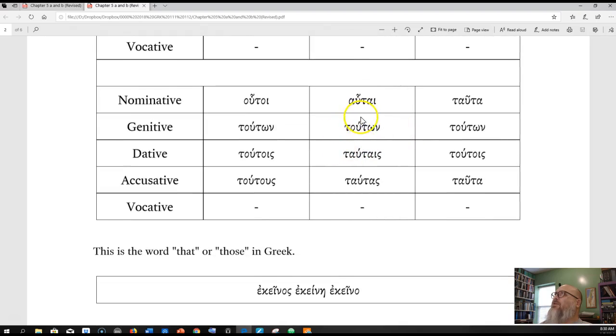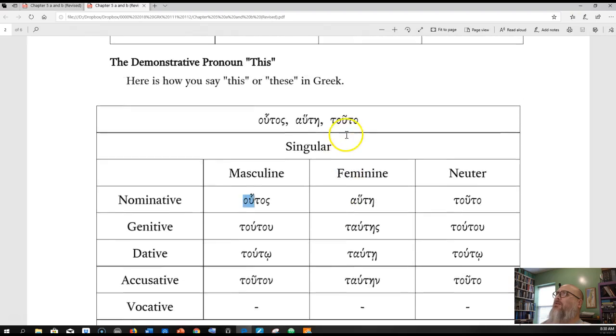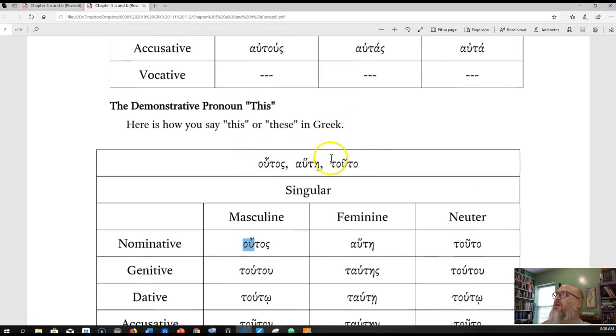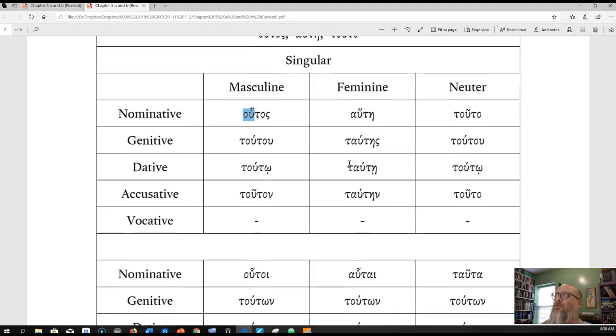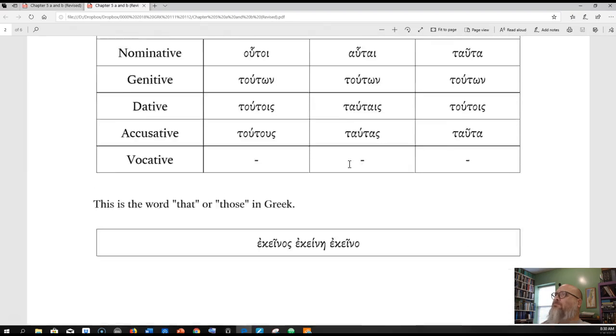The only challenge here is in the genitive, it goes to tautas, and you would think it would be tautón or toutón. Well, here's the rule. If it has an A-class vowel here, it has an A-class vowel here. And because the genitive doesn't, the genitive is the same. But otherwise, the word for this, houtos, haute, touto, is related to the definite article, exactly what you would expect.